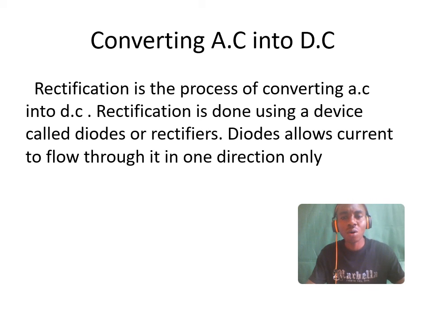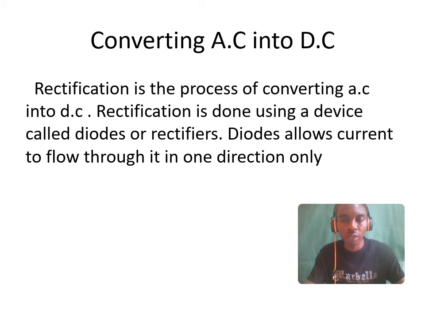Ask yourself, how can you convert AC into DC? There is a device that we can use to convert AC into DC, known as a diode or rectifier. The diode allows current to flow through it in one direction only.